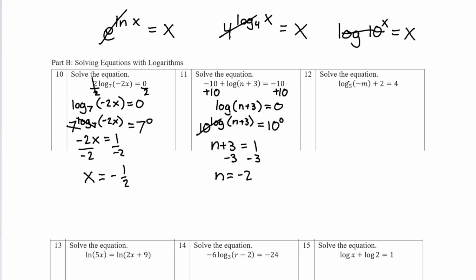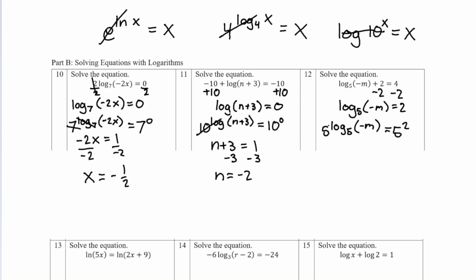Number 12. I once again need to isolate this logarithm, so no big deal, just like I did in the last one. And now to access that variable there, I need to cancel this log base 5. So my handwriting was not that good here.